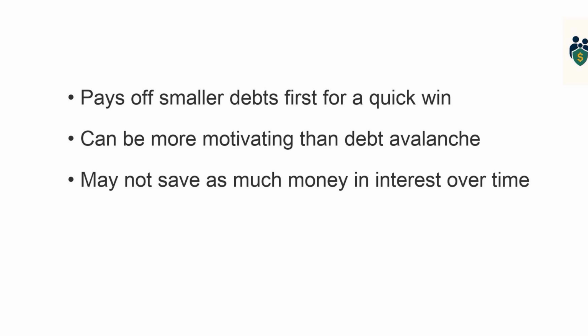In contrast, the debt snowball method involves paying off smaller debts first, no matter the interest rate. This approach can provide a quicker sense of accomplishment and help you stay motivated. But which one is right for you?